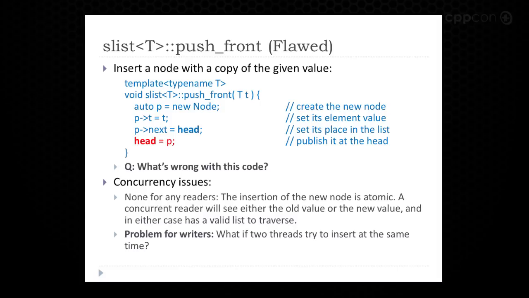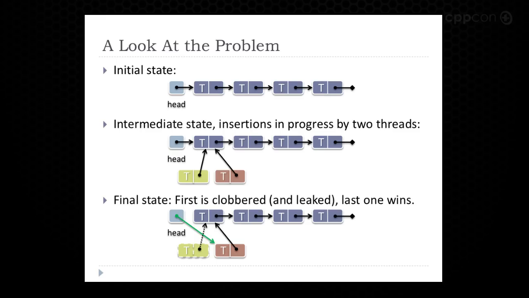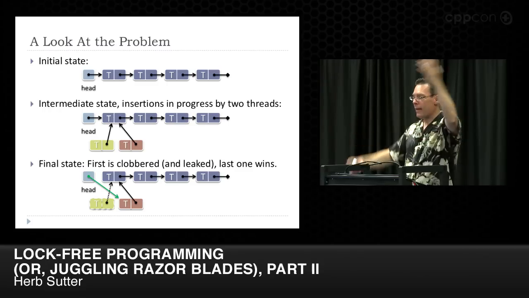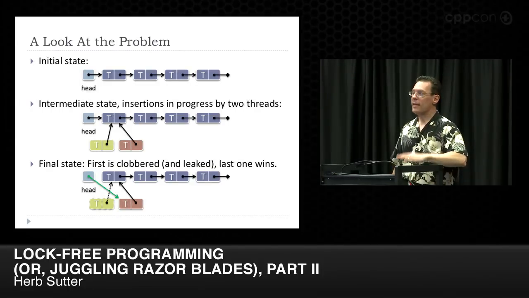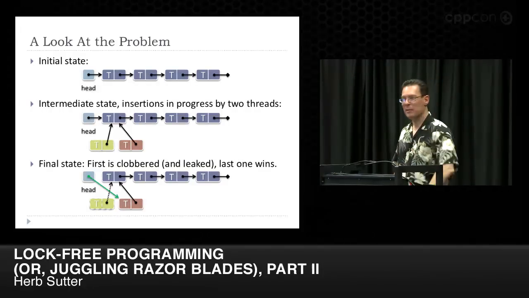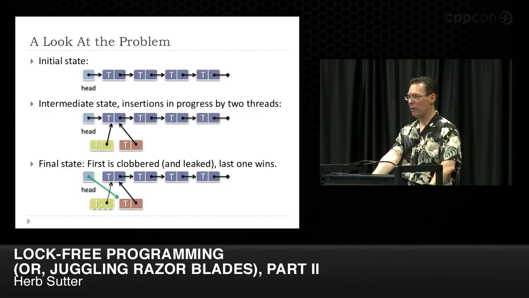You could have two threads trying to insert at the same time, and they get into that middle state where there's a window in which they've both got their next pointers pointing to the same old head, and then they both set head. In this case, the last shall be first, because the last one wins and the first write gets clobbered.